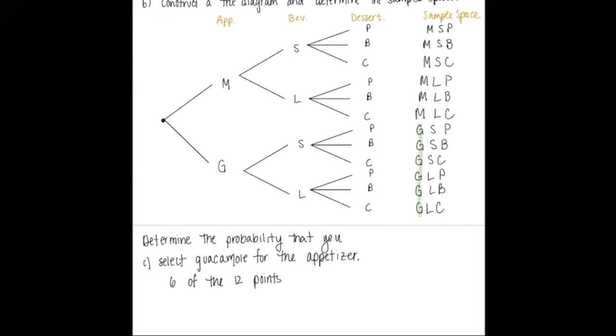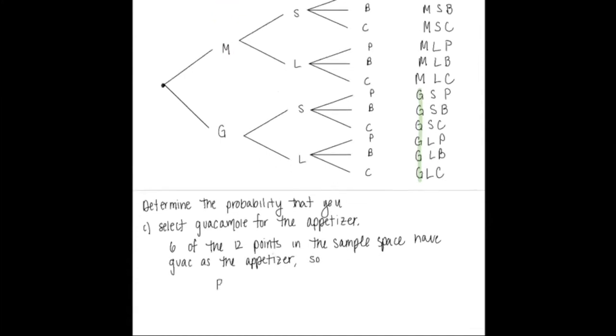So 6 of 12 points in the sample space have guac as the appetizer. So our probability of selecting guacamole is 6 out of 12, or really you have a 1/2 chance. So really you have one of 2 appetizers that give you guacamole.